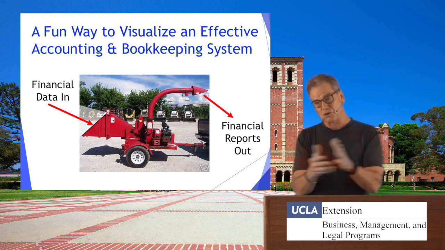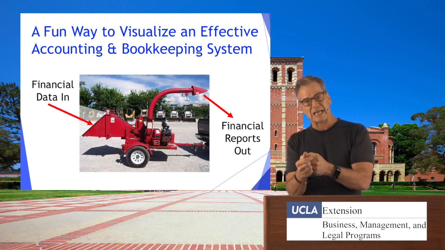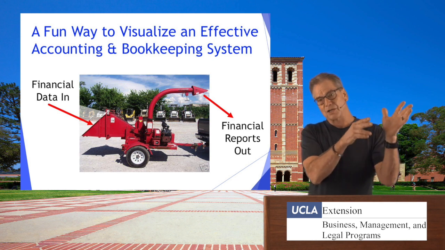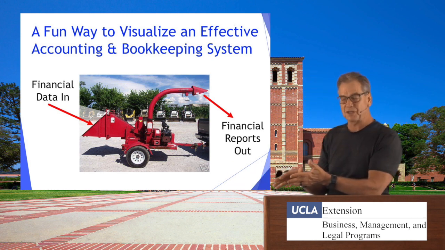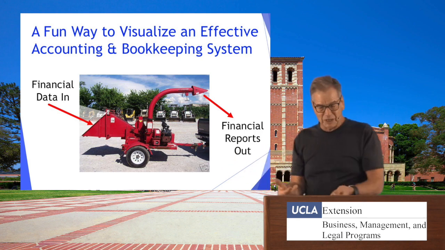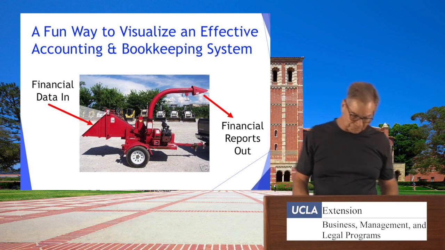QuickBooks is set up to take that downloaded statement, because they've coordinated with bank financials, and automatically put it into all the appropriate accounts, which is symbolic of throwing these statements into one end of the chipper and it goes into the appropriate accounts.